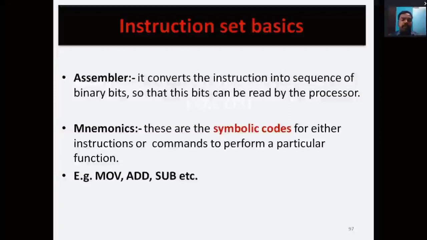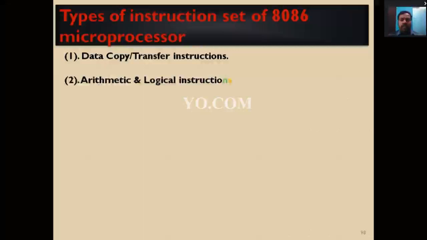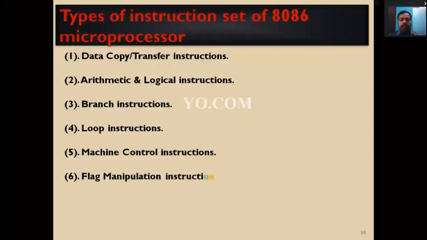Then mnemonics. Mnemonics are symbolic codes for instructions or commands to perform a particular function. MOV, ADD, SUB are mnemonics. Then the different types of instruction set in the 8086 microprocessor.